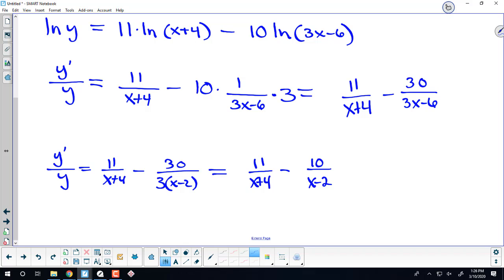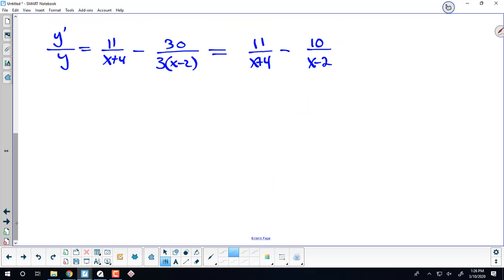Is everybody okay with the derivative stuff here? That derivative. Any questions? All right, then we solve for y prime. Multiply through by the original function, whatever that was.